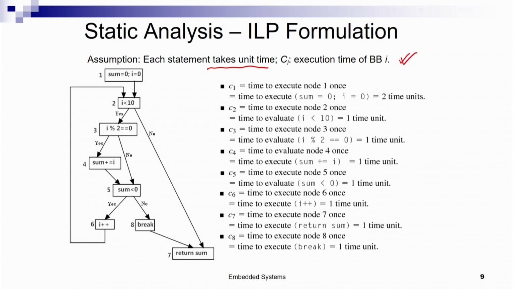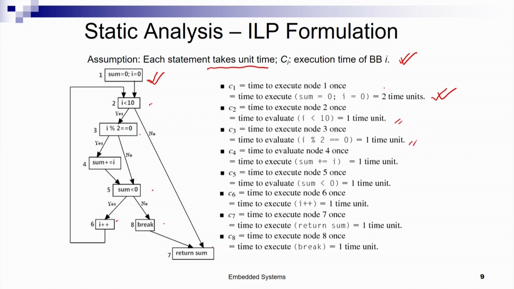Now, for our case here, we see that basic block 1 has 2 statements, and therefore, its execution takes 2 time units. All the other basic blocks have one statement each, and therefore, they take one time unit.